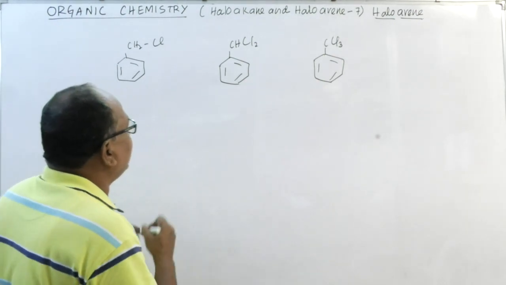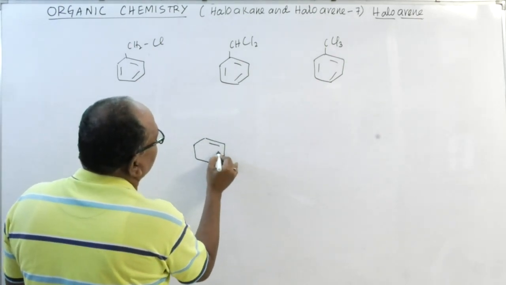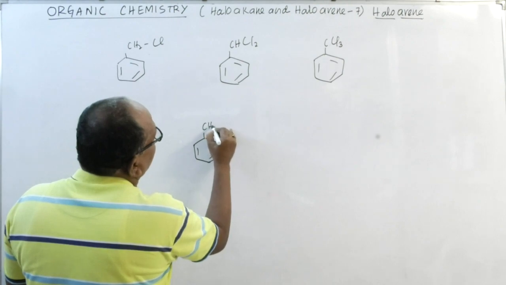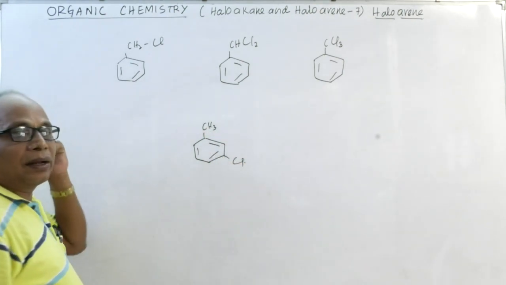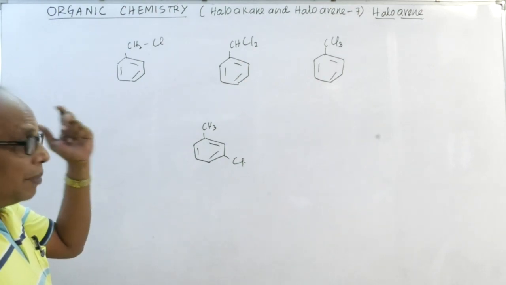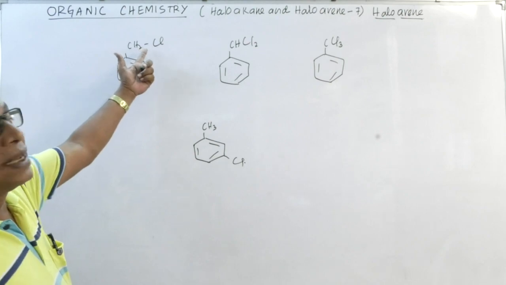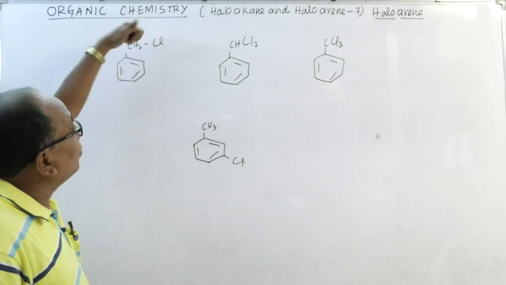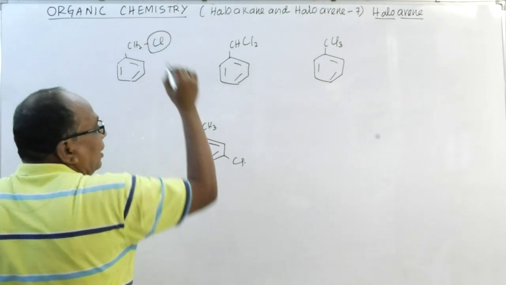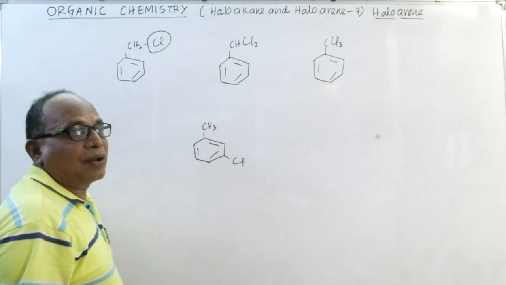Then suppose you take this one. Remember, these both have the same molecular formula. But this is a haloarene and this is an alkyl halide. And the reactivity of this halogen is quite different from the reactivity of this halogen.